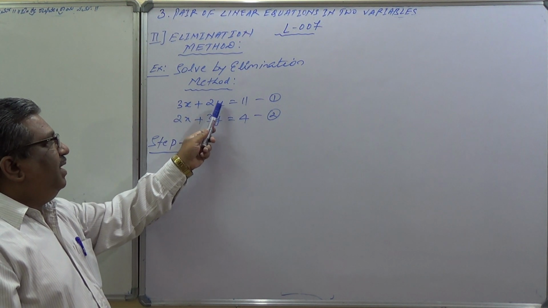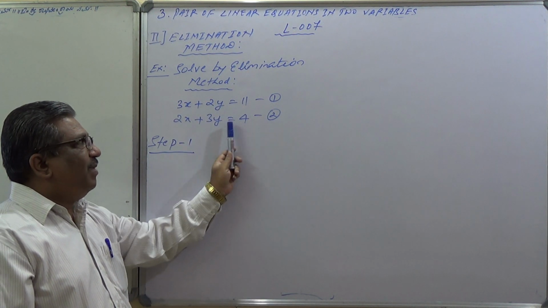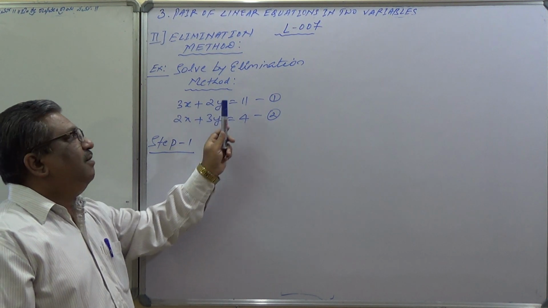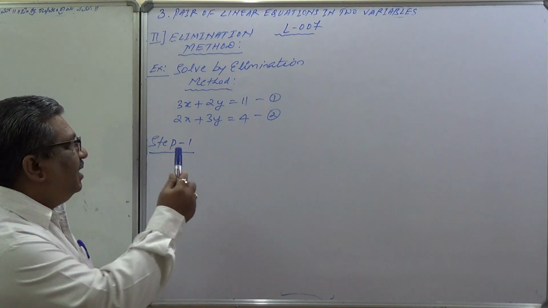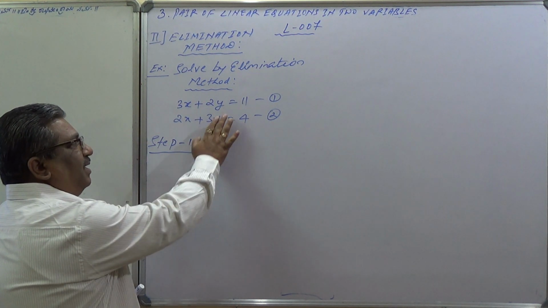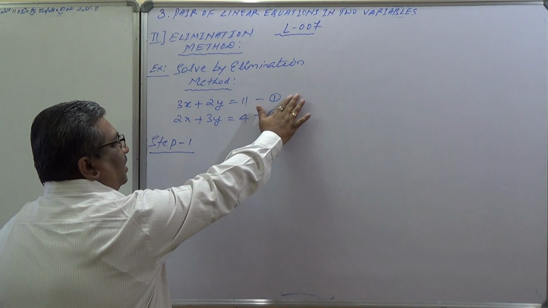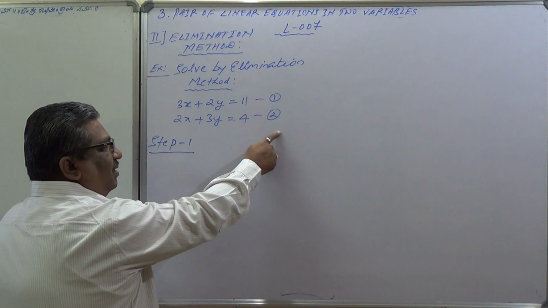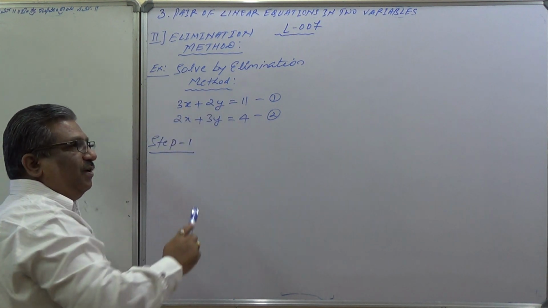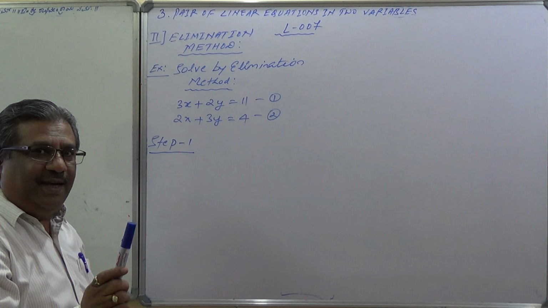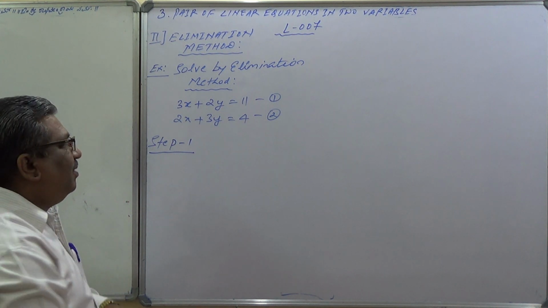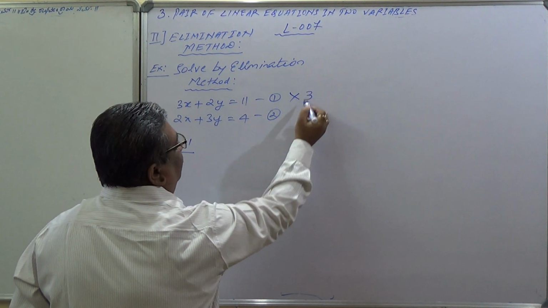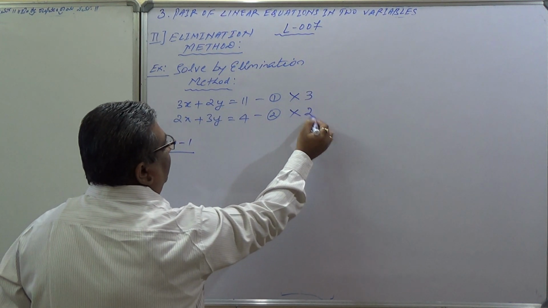Coefficient of y is 2 here, so multiply the second equation by 2. Coefficient of y here is 3, so multiply the first equation by 3. In order to eliminate y, I am multiplying the first equation by the coefficient of y in the second equation and the second equation by the coefficient of y in the first equation. Please remember, of the y variable.